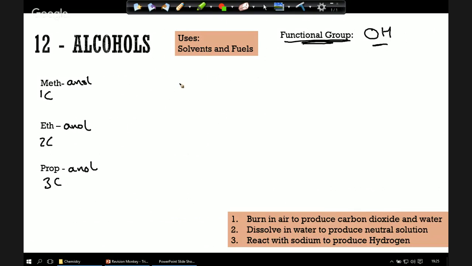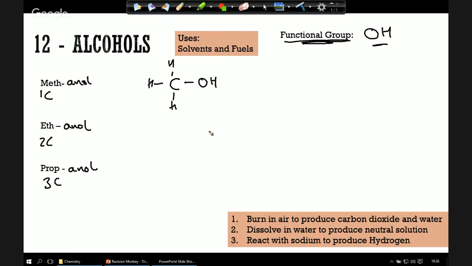So for methanol, what I would recommend is start with a functional group and find out how many carbons it's got. It's just got 1. Okay, and then fill it up with hydrogens. Remembering every carbon has 4 bonds, so this would be our molecule of methanol.